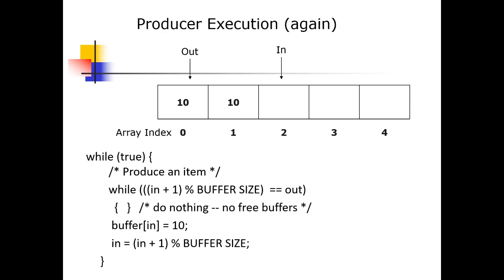Again, false. Why? Because now the value of in is 2, 2 plus 1 is 3, 3 mod 5 is 3. Out is 0. 3 equals 0, false. Now buffer 2 becomes 10. In becomes 2 plus 1 mod 5, which is 3. So in points to the next empty cell and buffer 2 becomes 10.